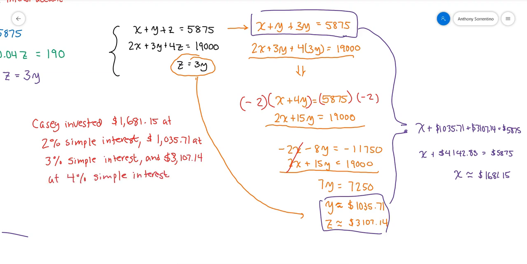So she invested $1,681.15 at 2% simple interest, $1,035.71 at 3% simple interest, and $3,107.14 at 4% simple interest. And there's the answer to that.